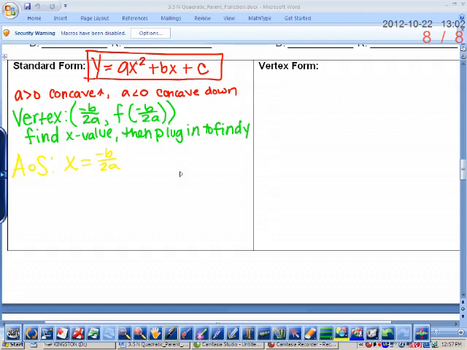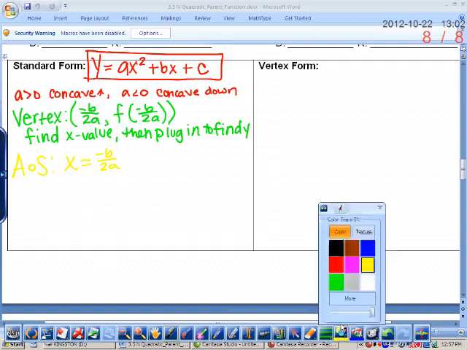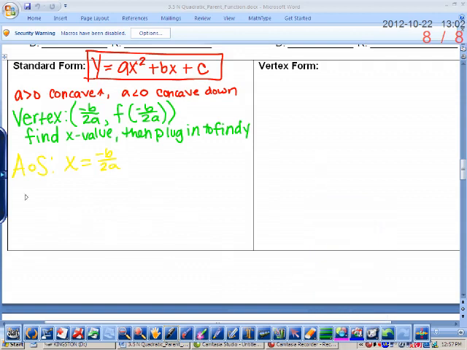All right, so last thing is to get the y-intercept. How am I going to get the y-intercept here? Yeah, it's going to be c. Who said that? Jason, how'd you know? You just knew.